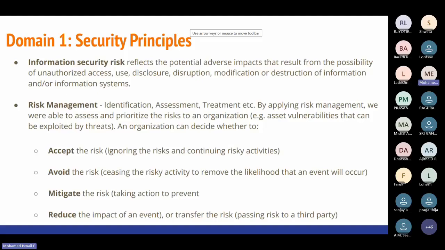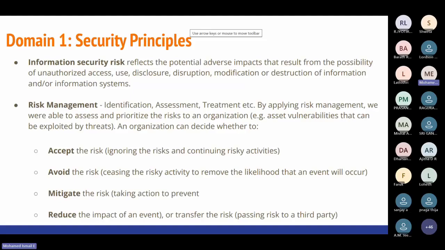Now, the bank may run bug bounty programs, where anyone can identify a bug and report it, so that they will identify the vulnerabilities and patch them. So what exactly is the bank doing? They are mitigating the risk by acting to prevent it, doing some action.